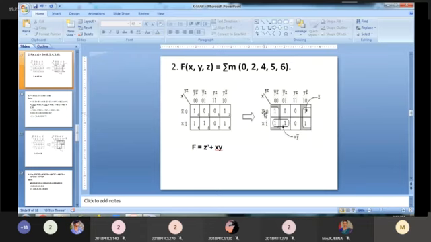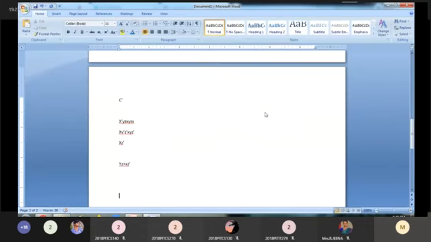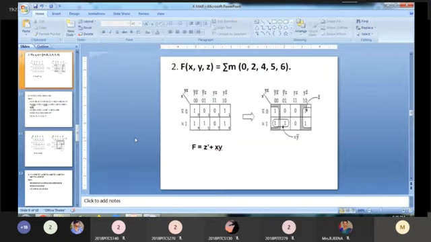So what are the values? X bar, Y bar, Z bar. Next, what is the next value?